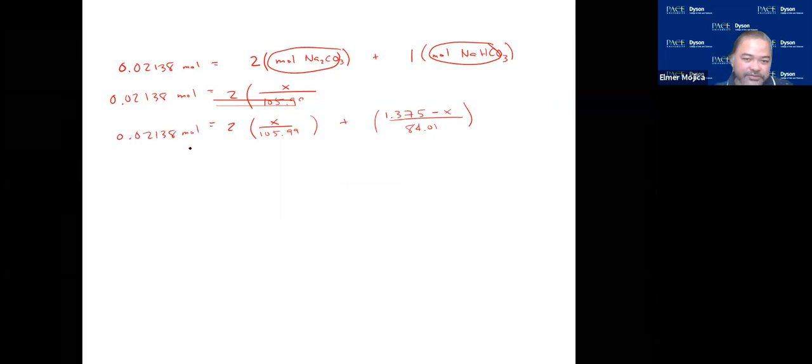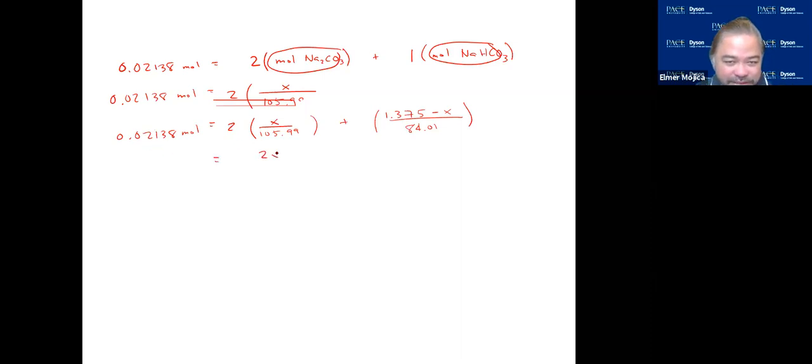So what are we going to do now? We're going to solve for X. How do we do it? How do we solve for X? Anyone? So what will happen to this one?